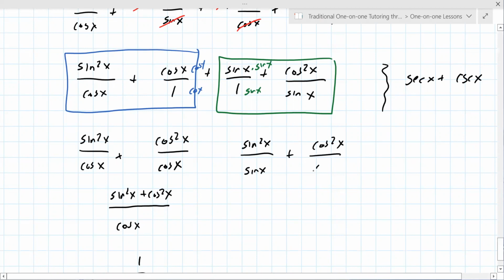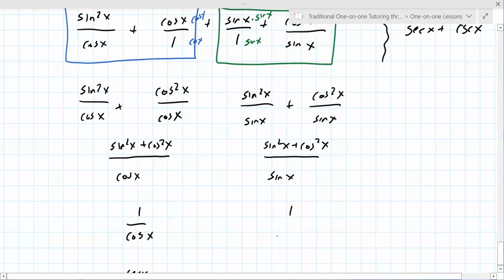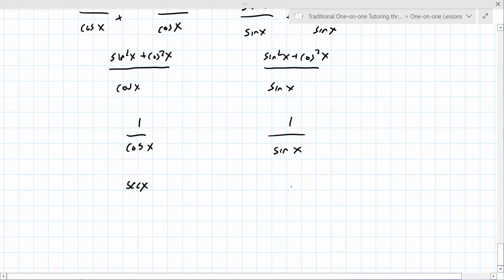Like anything else, the more you practice, the more you know what to do. You get sine squared x plus cosine squared x again, which is 1 over sine x. 1 over sine x is cosecant x. And there you have it.